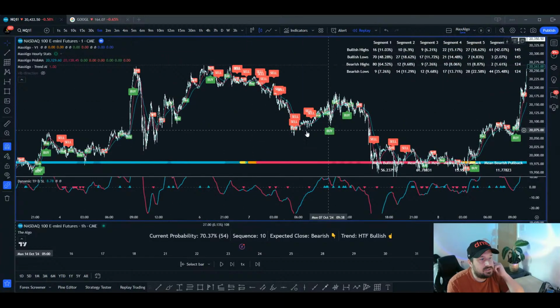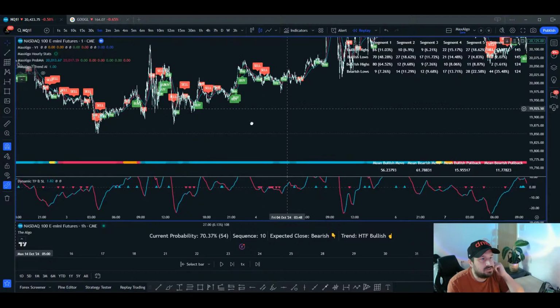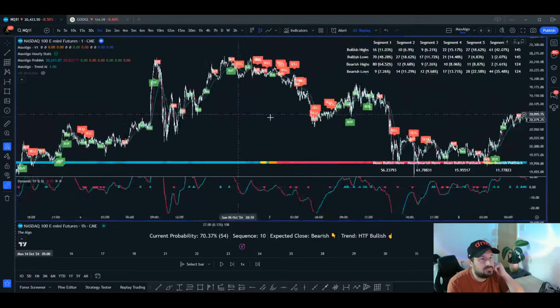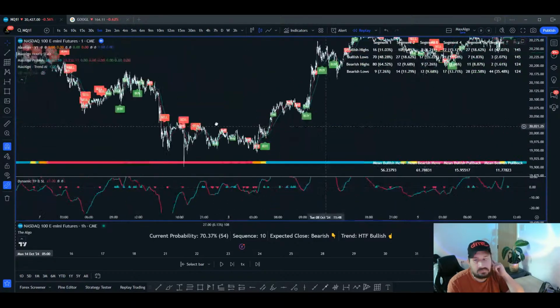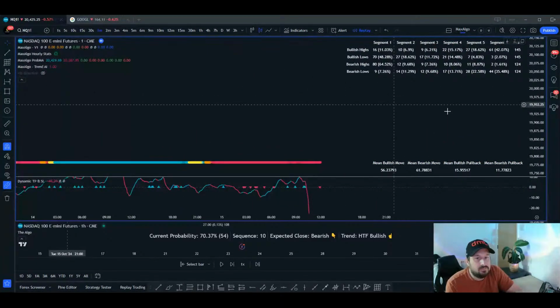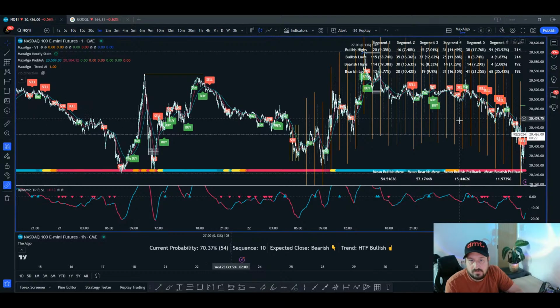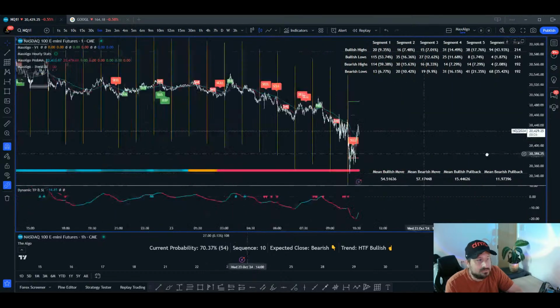Transition to bearish. Transition to bullish. Right? So the transitions are great at bringing you in at the right time, giving you that patience to wait for the direction that you're looking for.